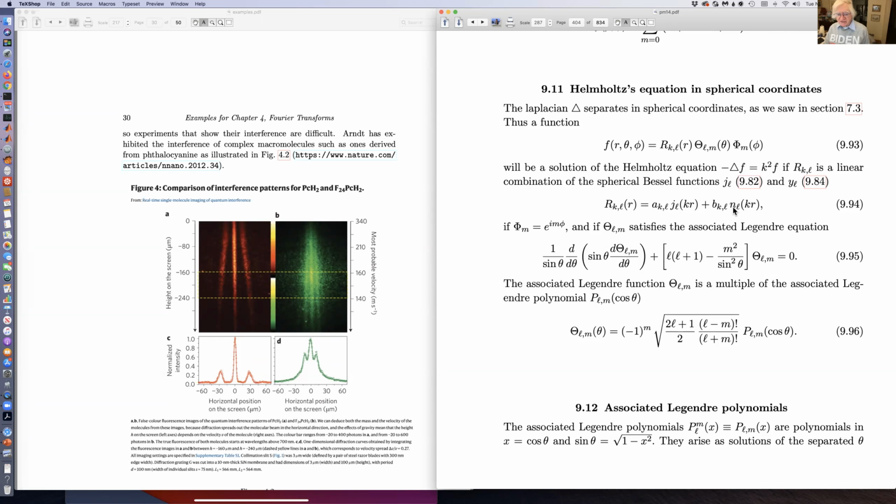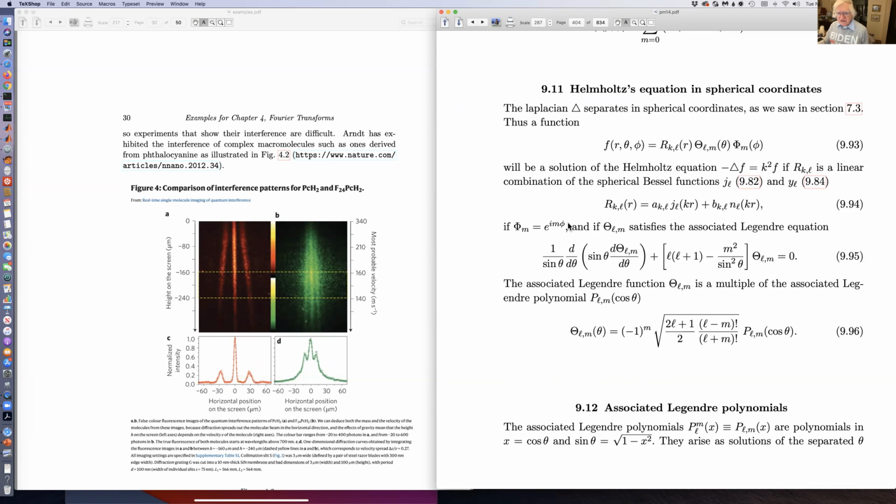Oh, I see, I've still got an n there. Let me write an index and note to myself, that's equation 9.94. Anyway, so we set R to be a linear combination of the two kinds of spherical Bessel functions.